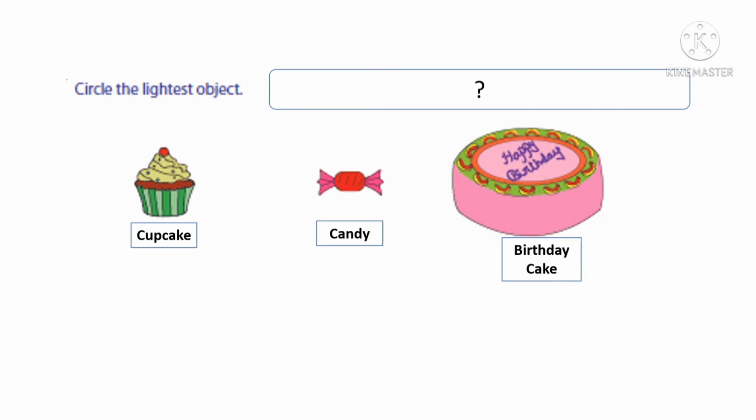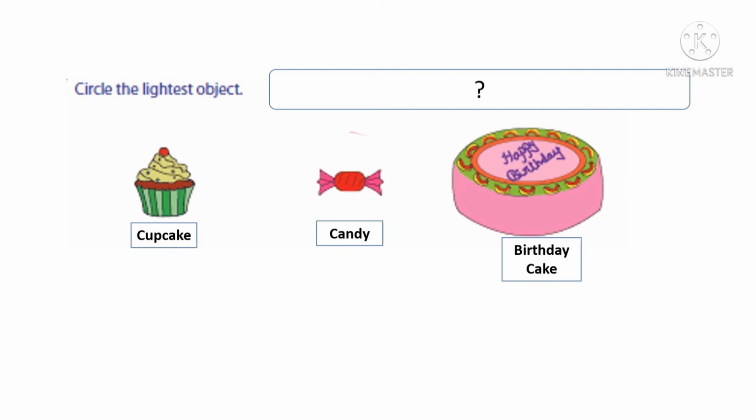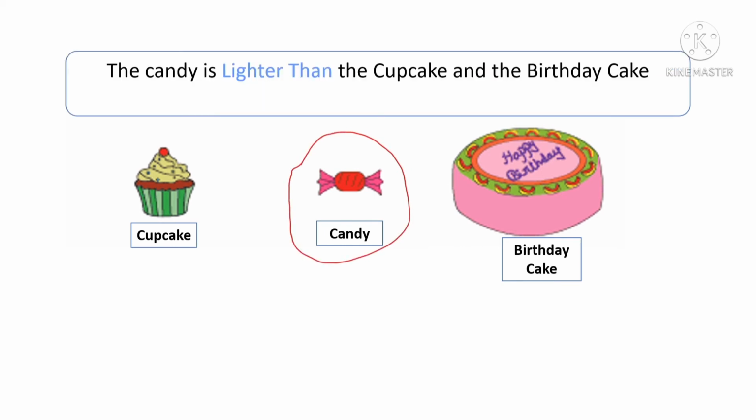Circle the lightest object among these three: cupcake, candy, and birthday cake. It's the candy. The candy is lighter than the cupcake and the birthday cake.